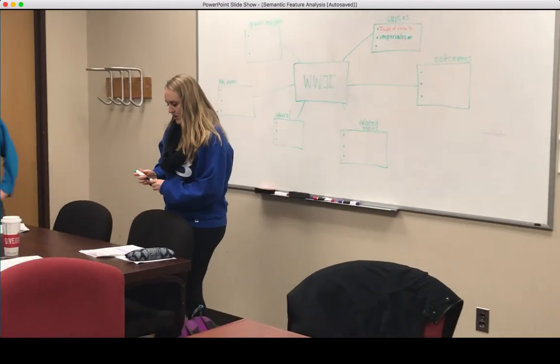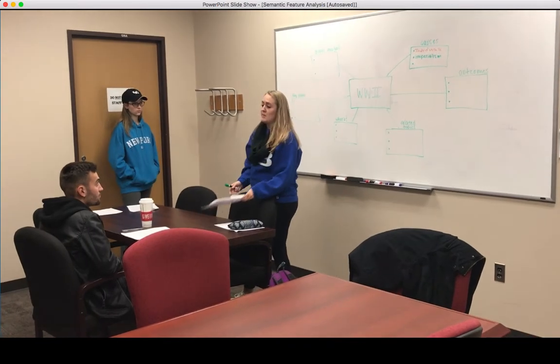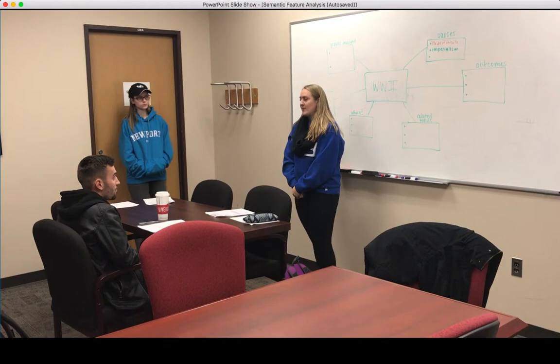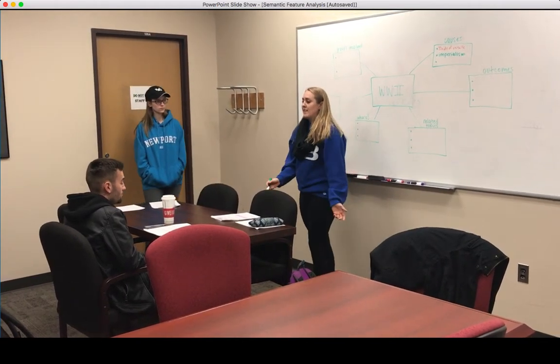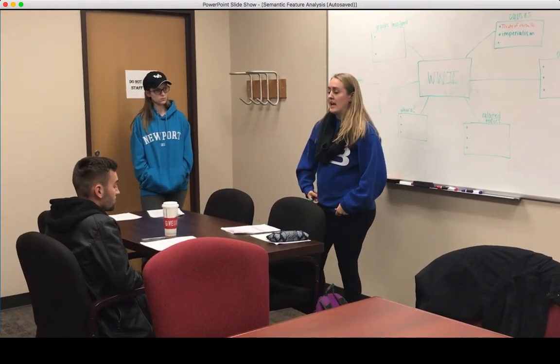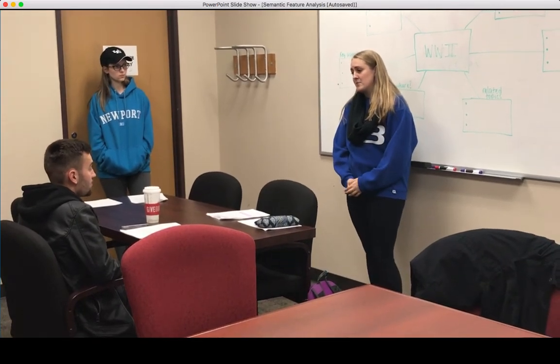Okay, so now that we see the causes of World War II, let's make sure we know some examples of what aren't causes. For example, we said that the rule of Hitler in Germany was a big factor in the reason that imperialism began.